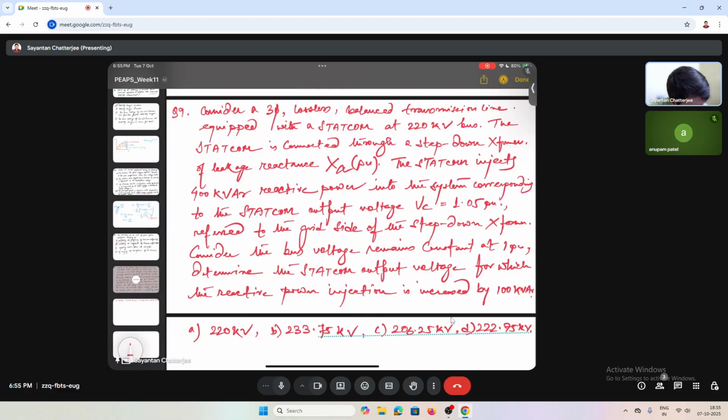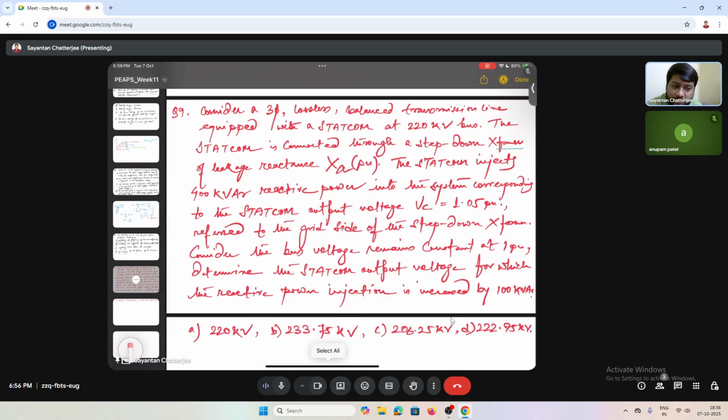Transformer leakage reactance X sigma per unit. The STATCOM injects 400 kVAR reactive power into the system corresponding to the STATCOM output voltage Vc equals 1.05 per unit, referred to the grid side of the step down transformer.